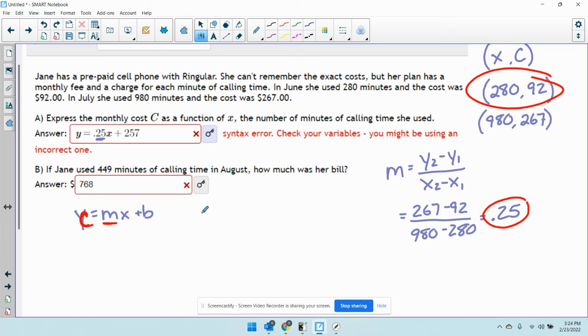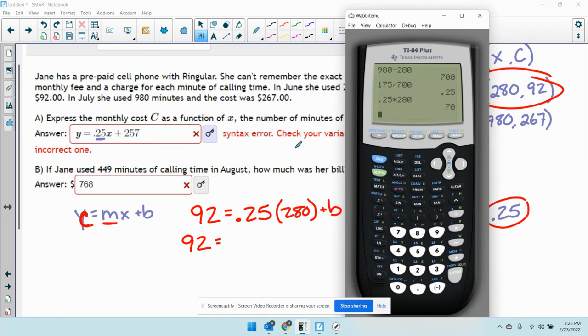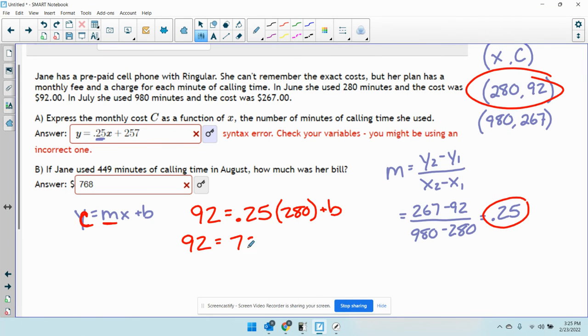So when c is 92, I get 92 equals 0.25 times 280 plus b. I get 92 equals 0.25 times 280. So that's going to give me 70 plus b. Subtract 70, you get 22 equals b.